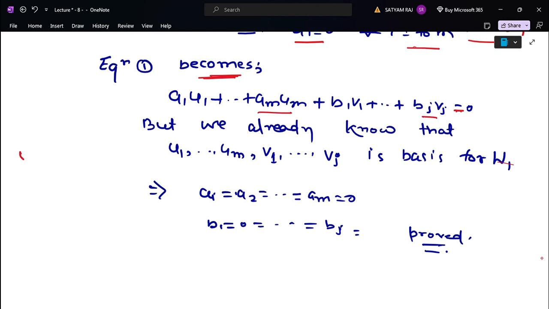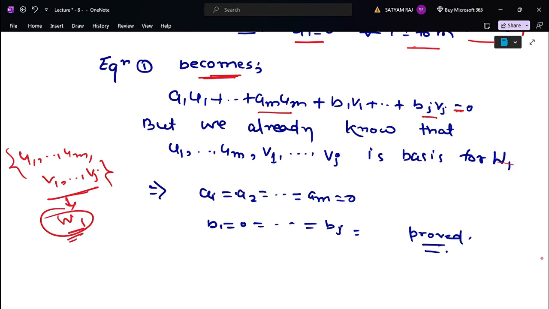But we already know that U1 to UM, V1 to Vj is a basis, and this is a basis for W1. We have assumed. Because of basis, it will be Li. And this is Li means all the Ai's are 0, all the Bi's are 0.